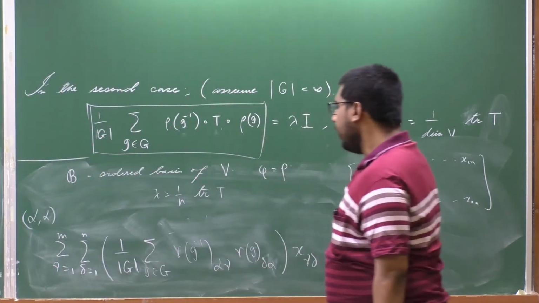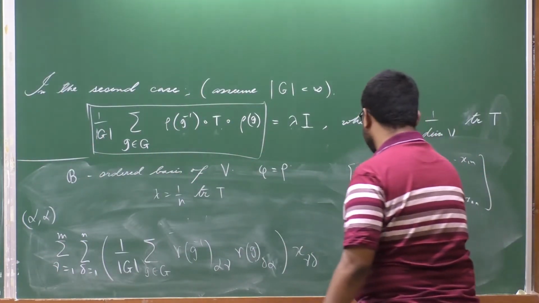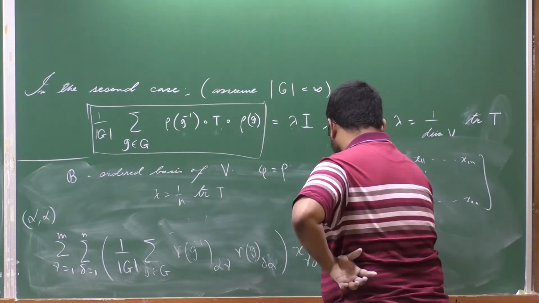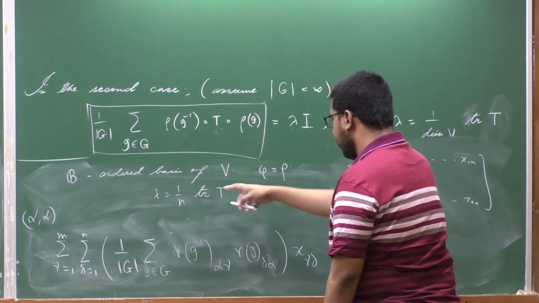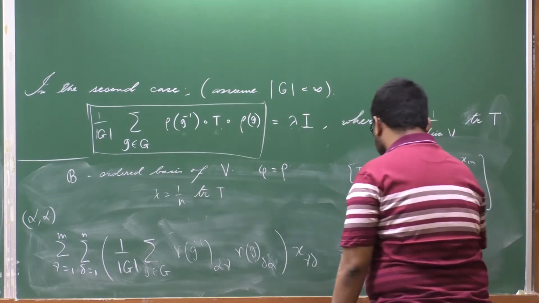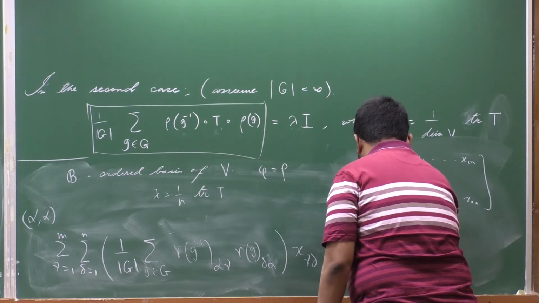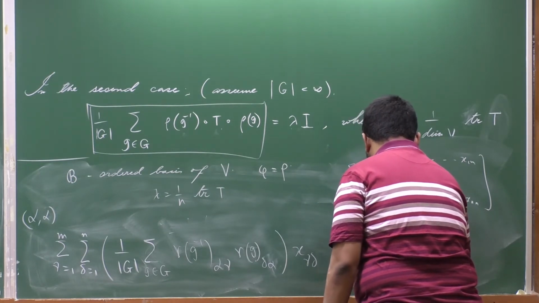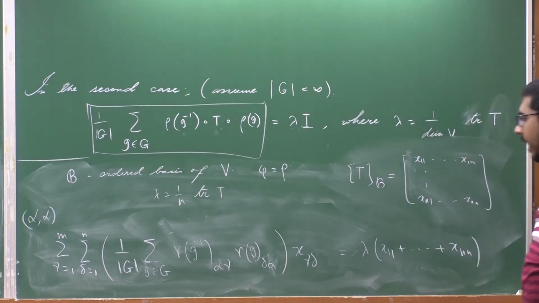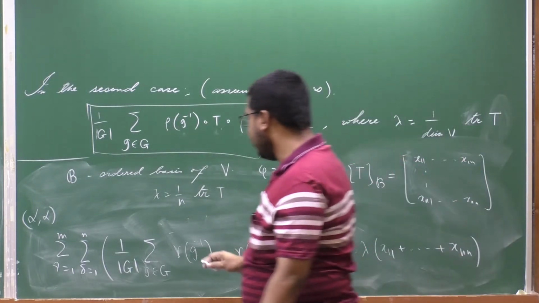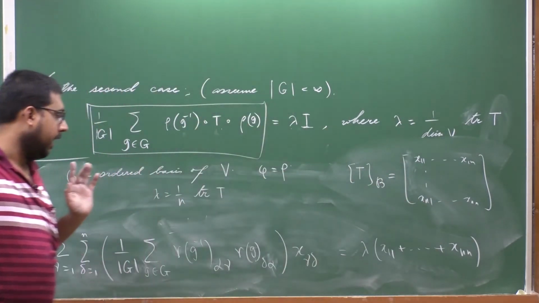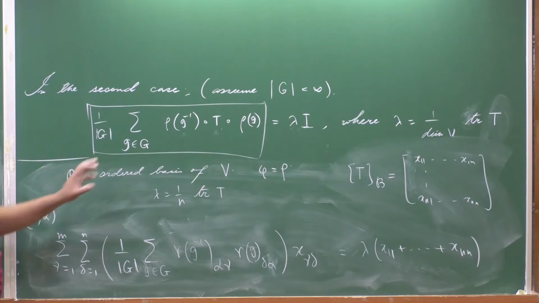Now you know that this entry has to be, because this is the diagonal matrix, in fact this scalar matrix, so this has to be equal to x11 up to xnn.